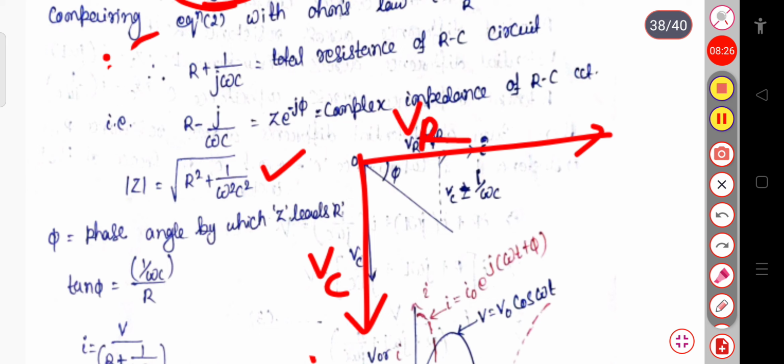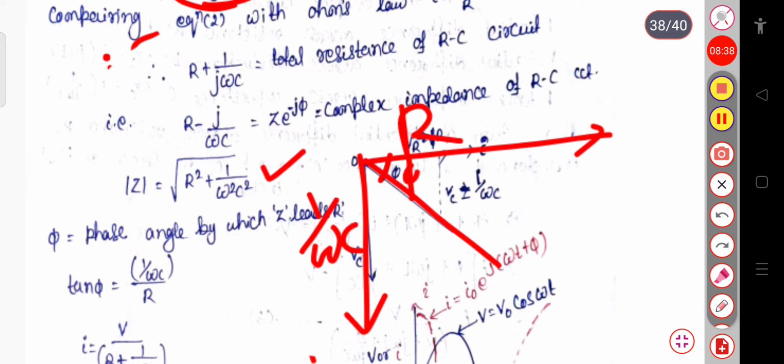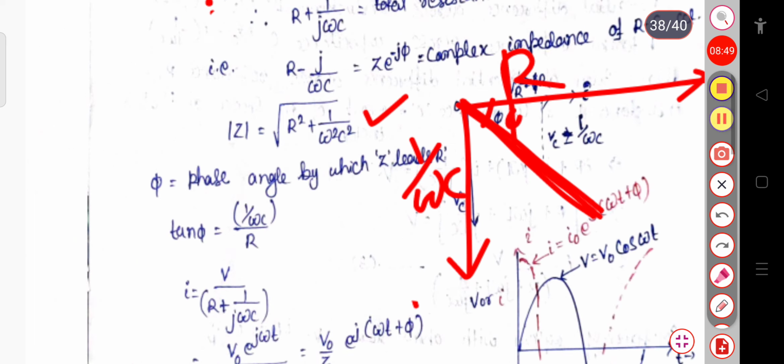Or if I plot a graph between, suppose simply this is r and this is 1 by omega c, then if it makes an angle phi, this part will represent z exponential minus j phi, or simply we can say that this will represent z. And here this phi represents the phase angle by which z leads r. Okay.